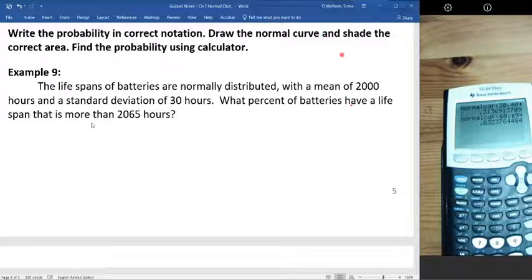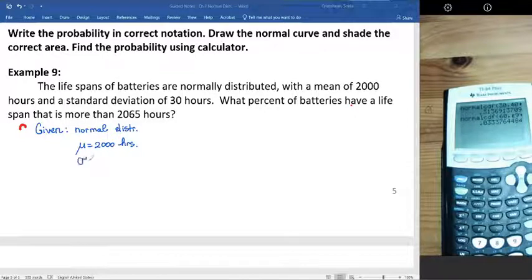I will write this again as a given. We are talking about a normal distribution. We know the mean is 2,000 hours, and we know that the standard deviation is 30 hours. So that's all we need in order to solve problems like this. Remember, if you have this, you have a key. You just need to know how to use the key to open many, many doors.